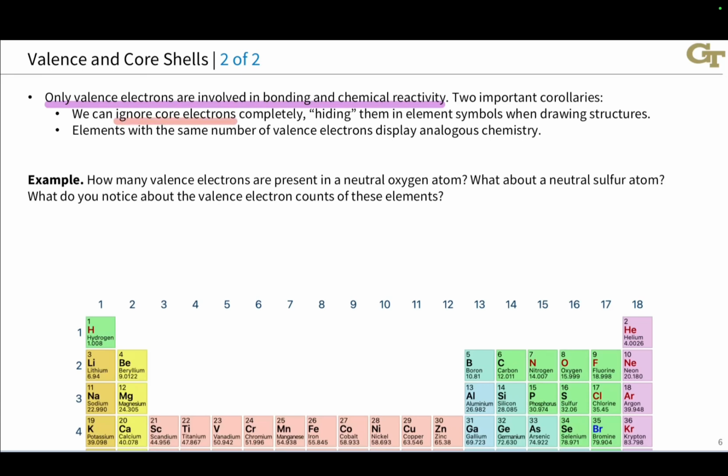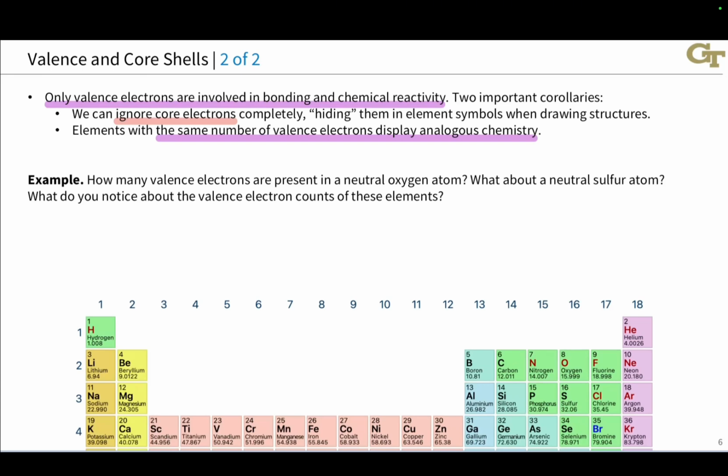And so we generally don't need to worry about those. We only count valence electrons when drawing Lewis structures. And here's another cool corollary of this idea. Elements in the same column of the periodic table have the same number of valence electrons and display analogous chemistry. They form, for example, similar numbers of bonds and analogous types of compounds and things like this.